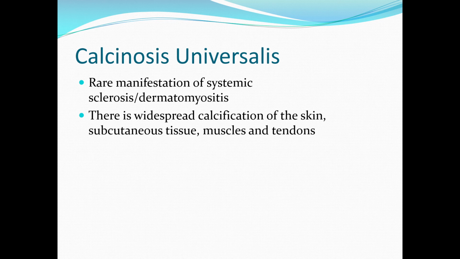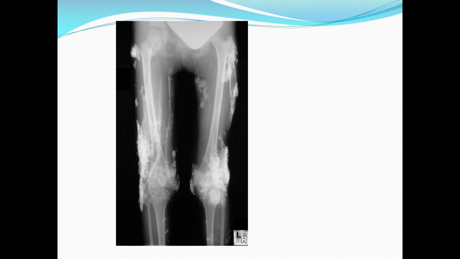Now what is calcinosis universalis? A rare manifestation of systemic sclerosis or dermatomyositis, it is known as calcinosis universalis. There is widespread calcification of the skin, subcutaneous tissue, muscles and tendons. You can see calcification all over, except on the bone, and you can find it in the soft tissue also.